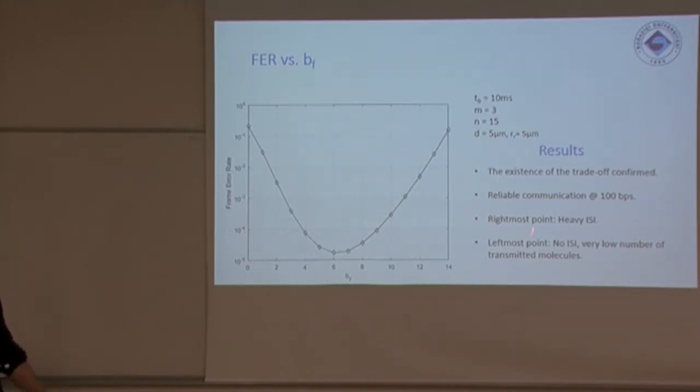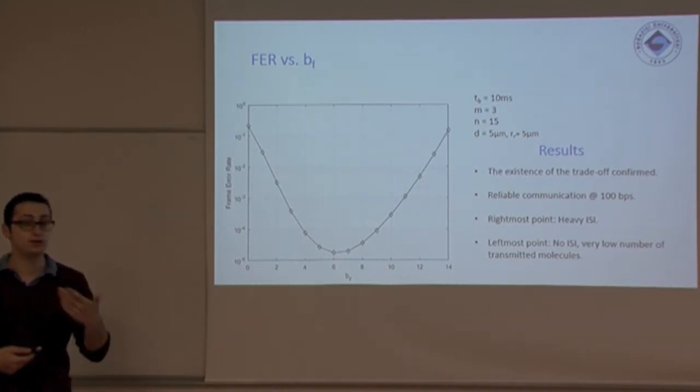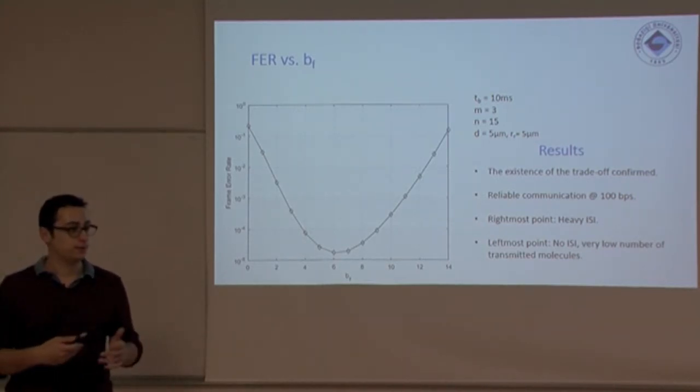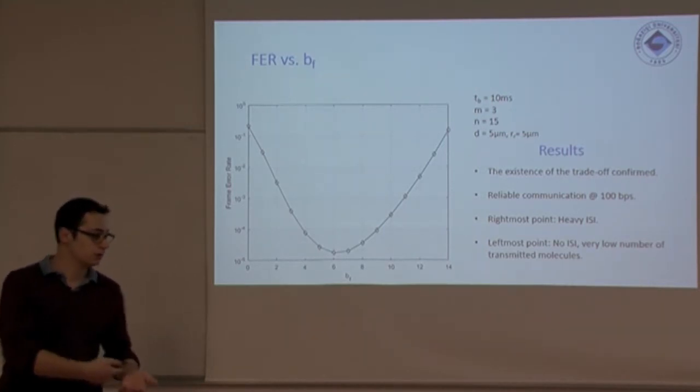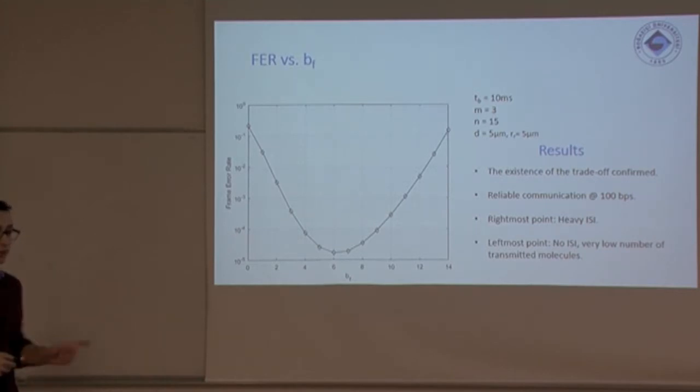So the rightmost point in this curve is here. I'm sorry, the leftmost point, this is reversed. The leftmost point receives severe ISI. Remember, BF is the thing that combats the interference, the fact that other interfering molecules come to the receiver as well. So the more BF we have, the better our ISI combat is. So the rightmost point is the case with no ISI.